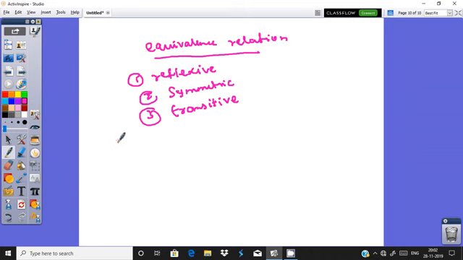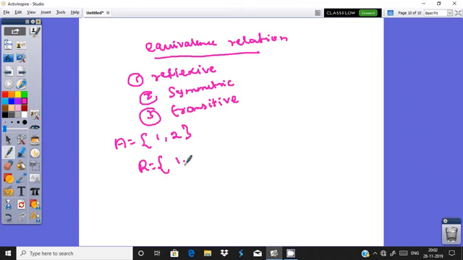So what is the example for this? Let us assume that A equals 1 comma 2. Now I can check whether the relation is reflexive, transitive or symmetric.